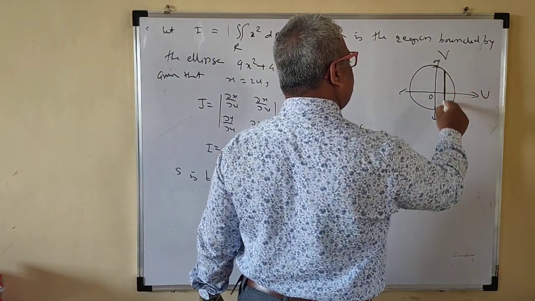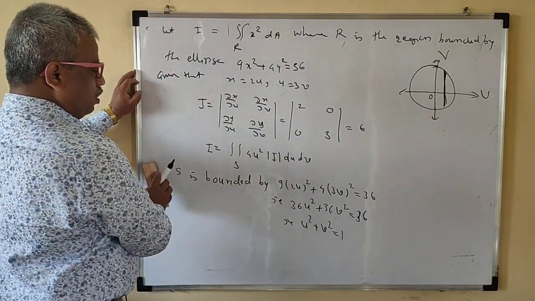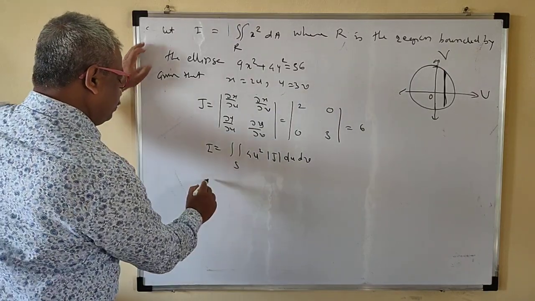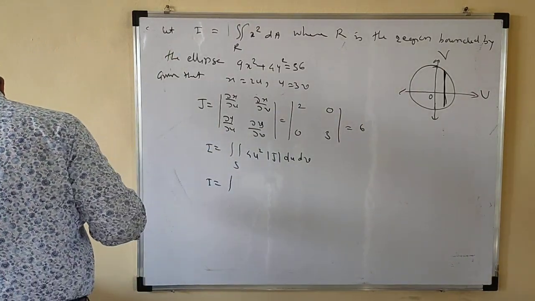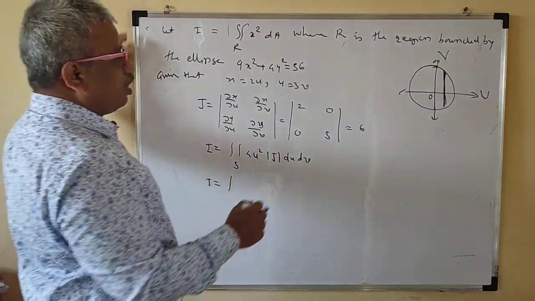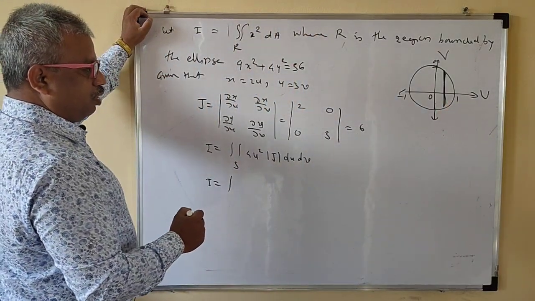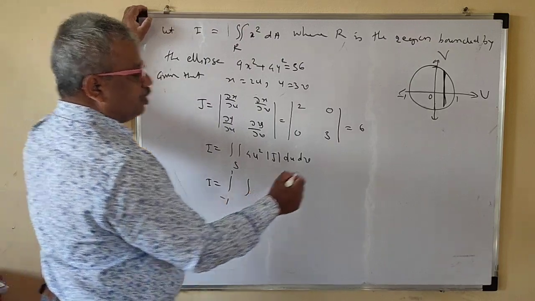Your strip will be parallel to like this. Okay, now then your radius is what? So this is what circle, this is what -1, 1. So your range of u will be what? -1 to 1, and range of v from this is what?